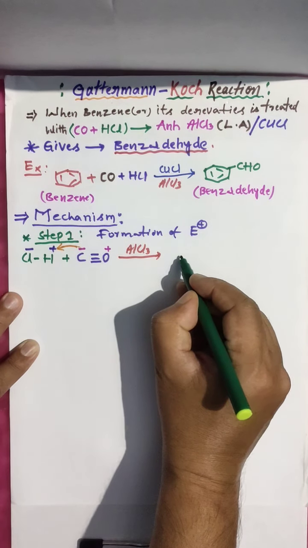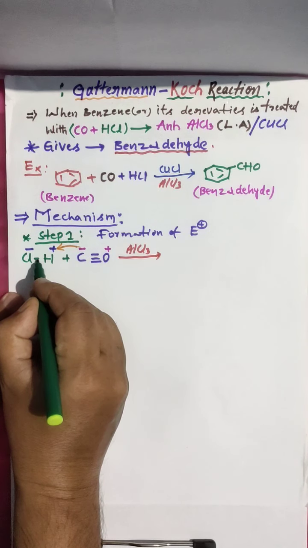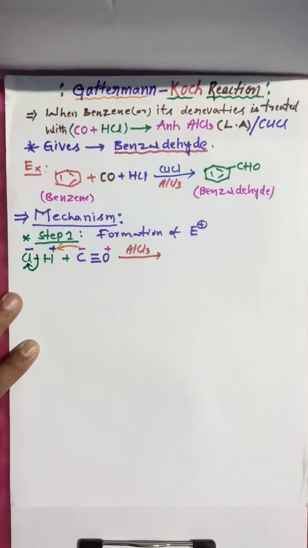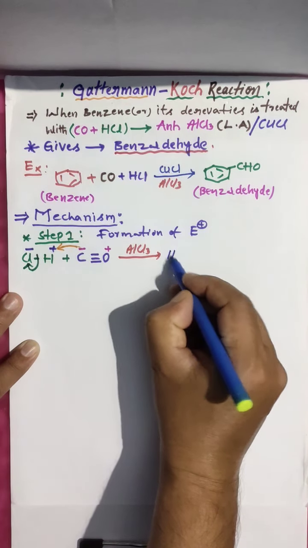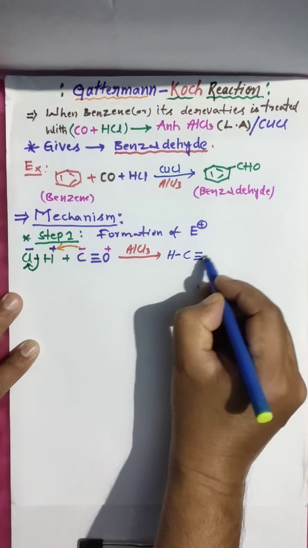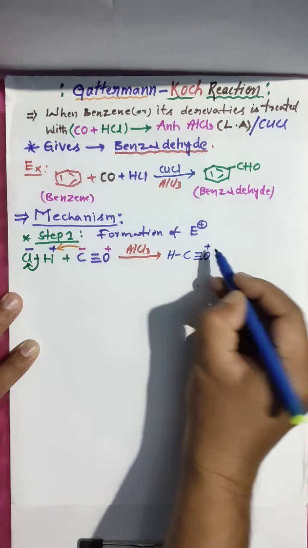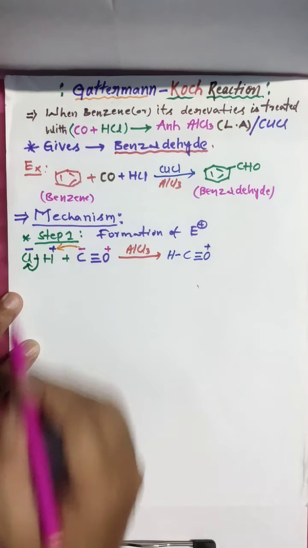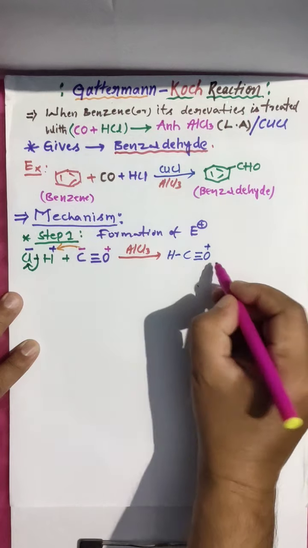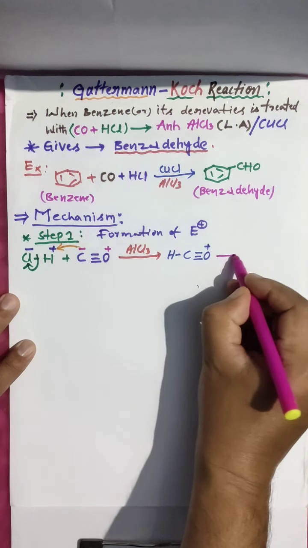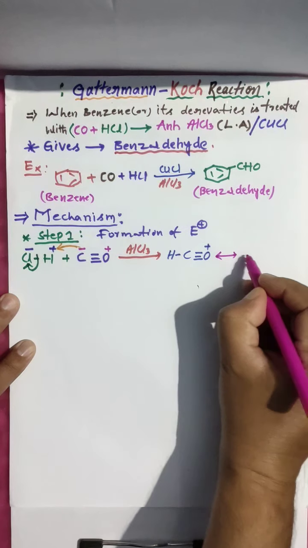Then a bond between carbon and hydrogen will take place. So like this you are getting here. Then this chlorine will move out. Then I am getting here H, C, triple bond, O plus. Clear? The lone pair is given to here. And this Cl minus, this you can write as a resonating structure.